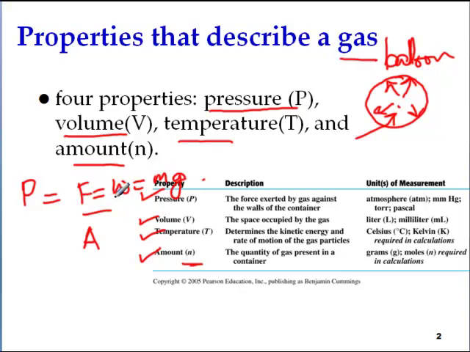So in layman's language, you can think of pressure as weight per unit area. If you have a larger amount of weight in a smaller amount of area, per square inch or per cubic centimeter, then you would have higher pressure.